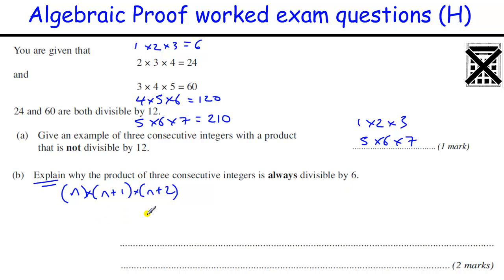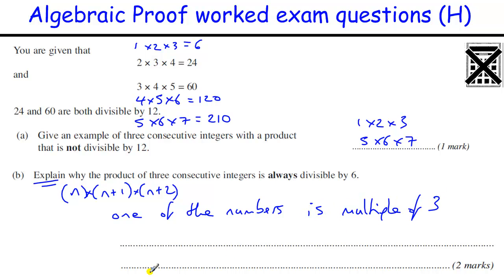Well, if you've got 3 consecutive numbers, one of the numbers is a multiple of 3. If you think about it, it doesn't matter what 3 numbers you've got, if you start anywhere, one of those 3 numbers is going to be a multiple of 3. Second thing, one of them is even.